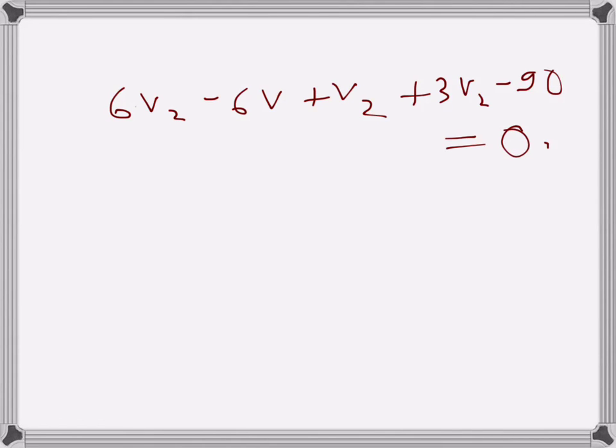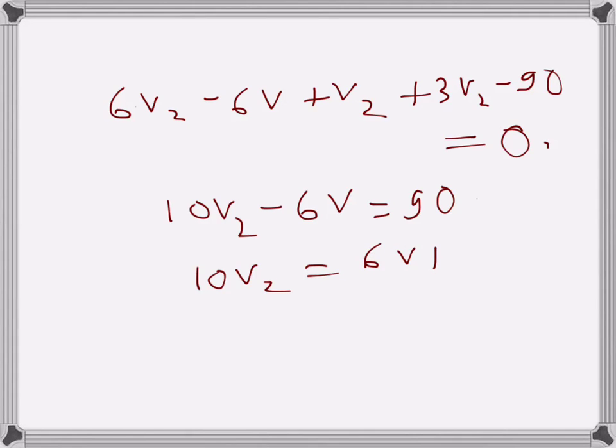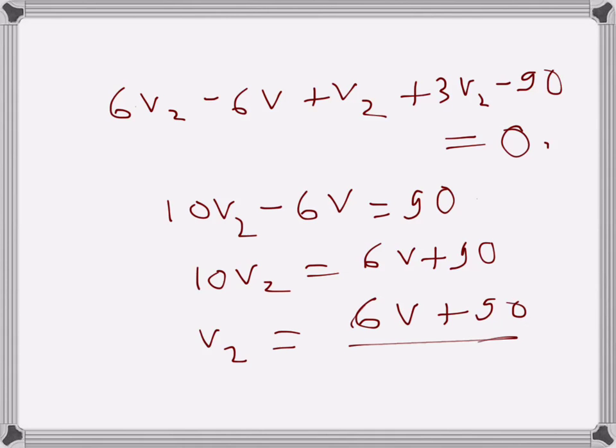So this is becoming 10V2 minus 6V is equal to 90. This one also I will write as V2 in terms of V. So 10V2 is equal to 6V plus 90, so V2 will become 6V plus 90 over 10.